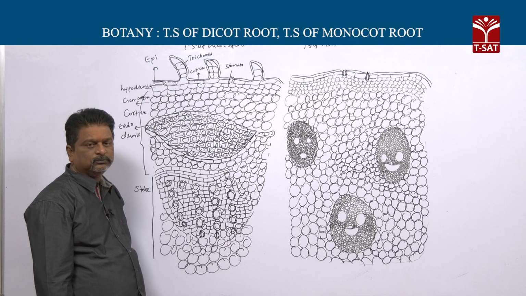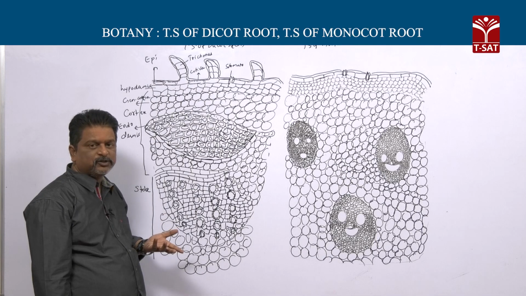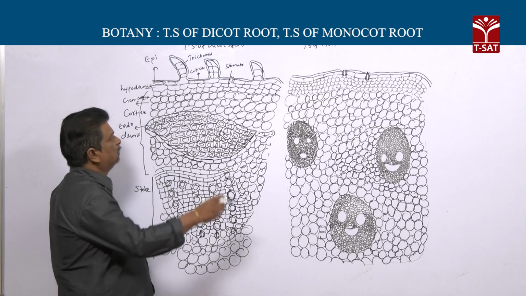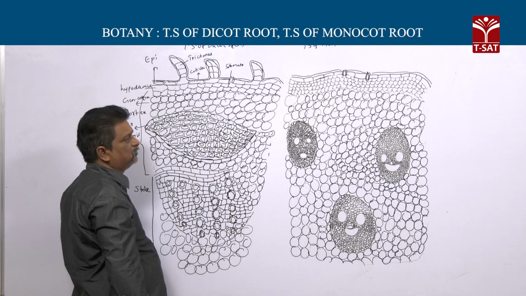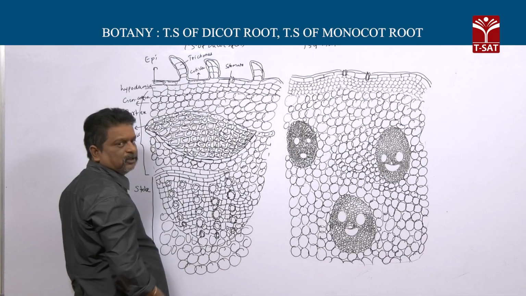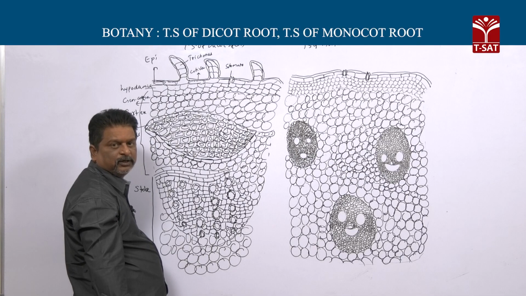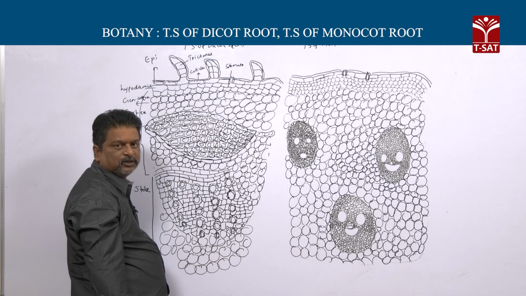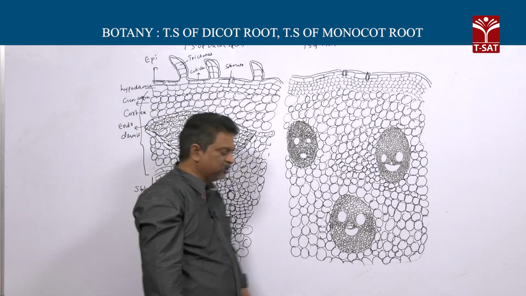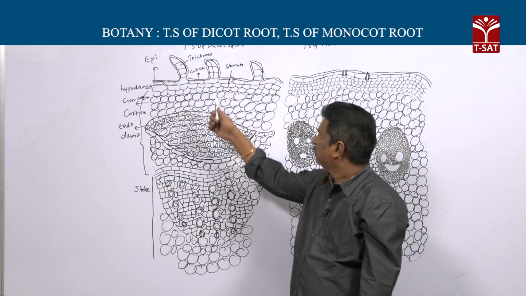Then rightly collenchyma is living tissue. Living tissue, more amount of pectin is present. Then right, it is called a pectinized mechanical tissue. Why means it provides mechanical support. Particularly, it gives tensile strength or elasticity.